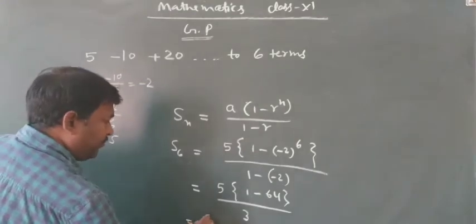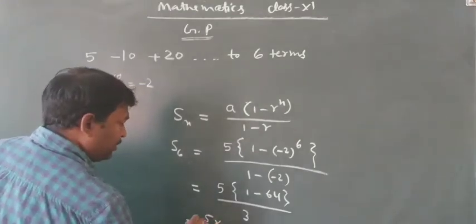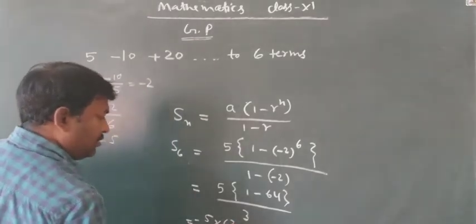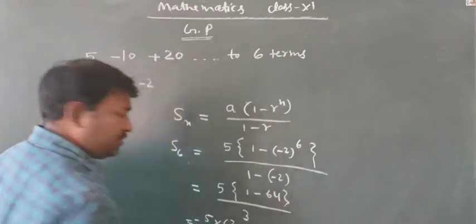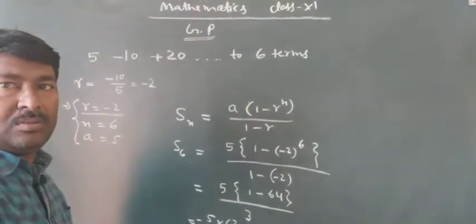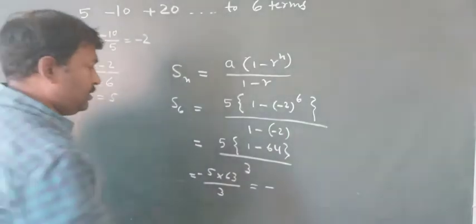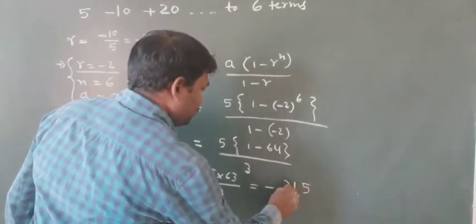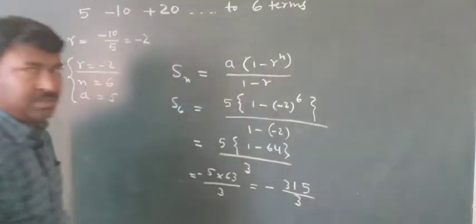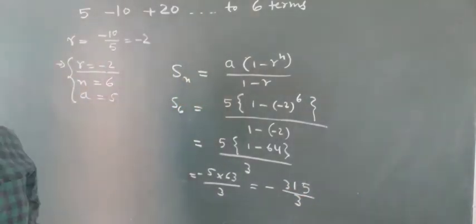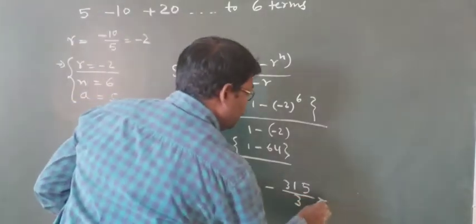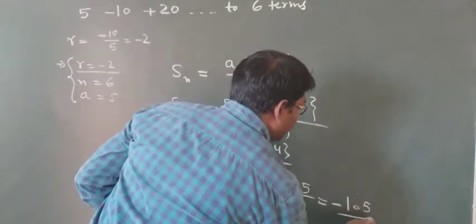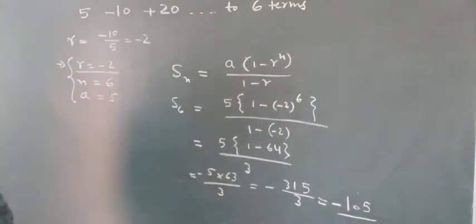This implies 5 into minus 63 divided by 3, which gives minus 315 upon 3. Dividing, 3 ones are 3, 3 fives are 15, so minus 105. This should be the answer.